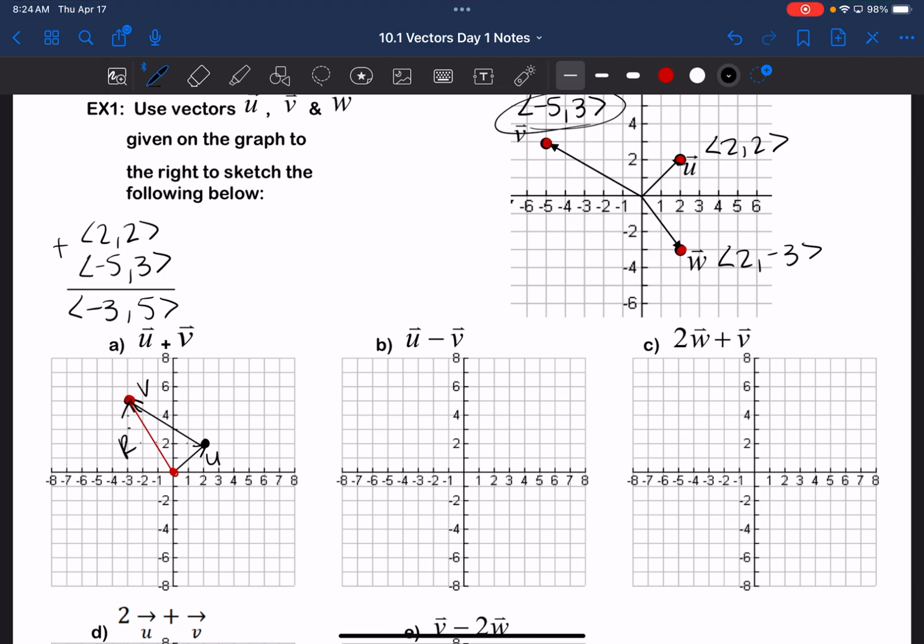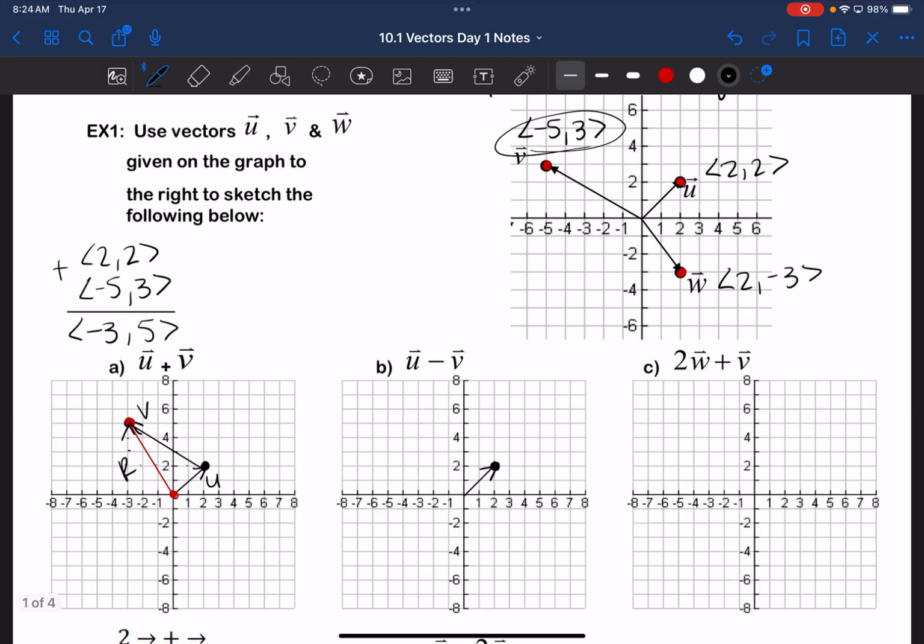All right, now part B says this time we're starting with vector u and we're going to subtract vector v. So again, I'm starting with vector u, which we know is at 2, 2. But because I'm subtracting, I'm actually doing the opposite of whatever it says to do, right?